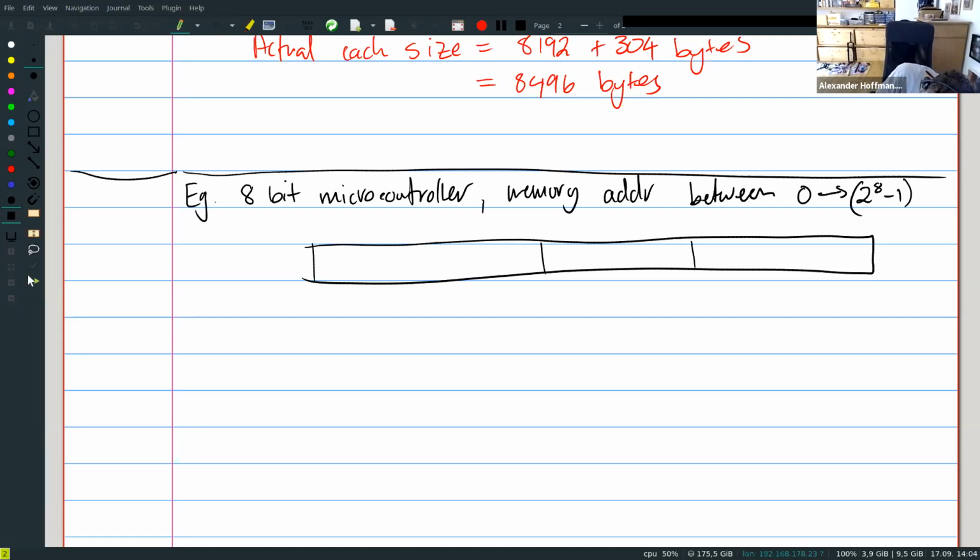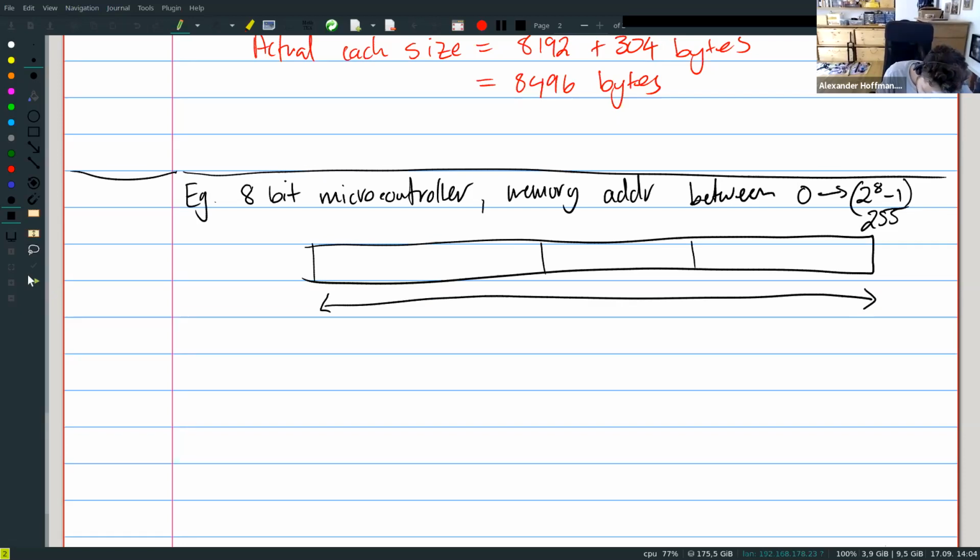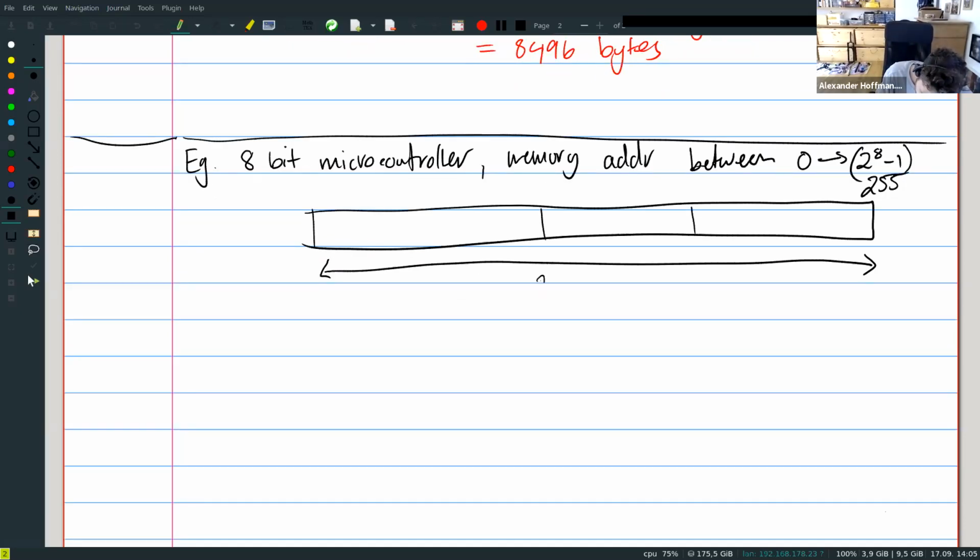I didn't need to calculate that. So we have a range of 256 addresses.